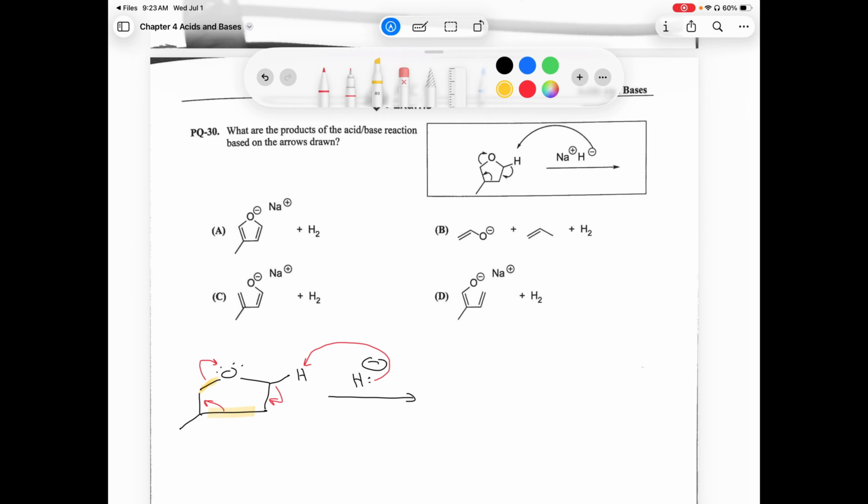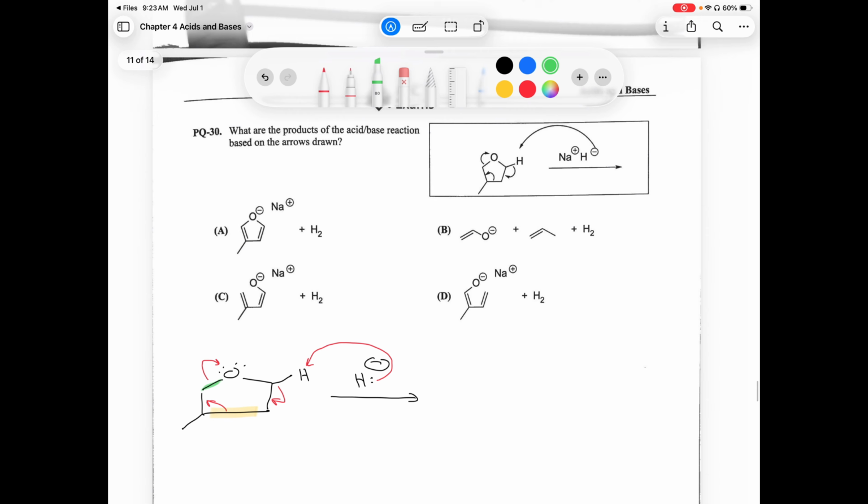So when we break that bond on the bottom, the one that's highlighted in yellow, I'll highlight this one in green. Then what's left over? If we're breaking the bond in yellow and the bond in green, you can see that we're going to be left over with propylene. So this is propylene. And so right away you can see that B must be the answer because it's the only one that has propylene in it. But let's finish this out.